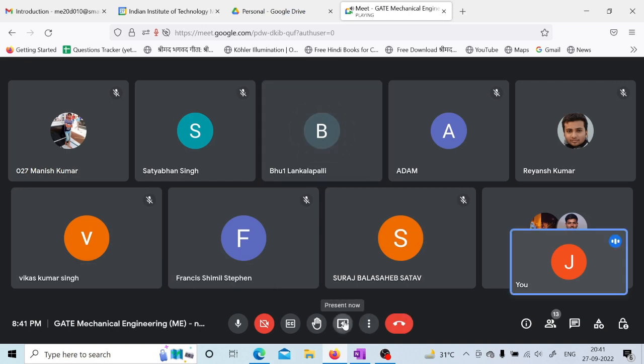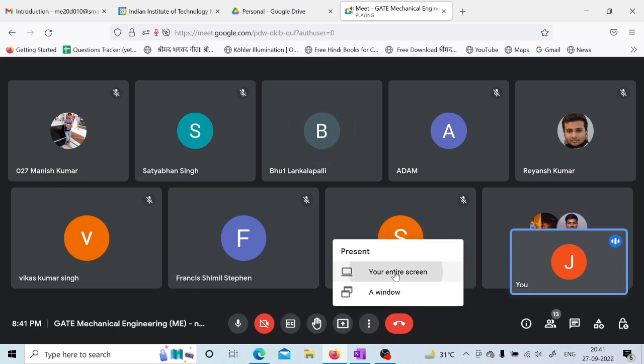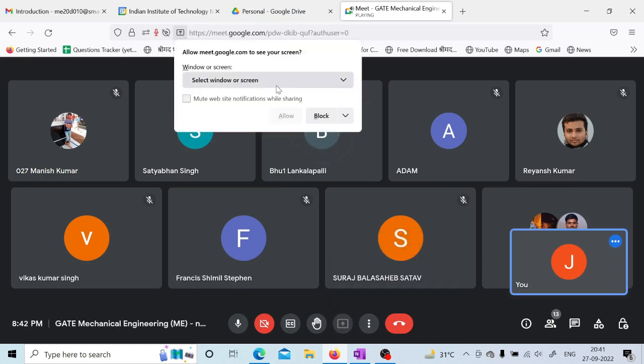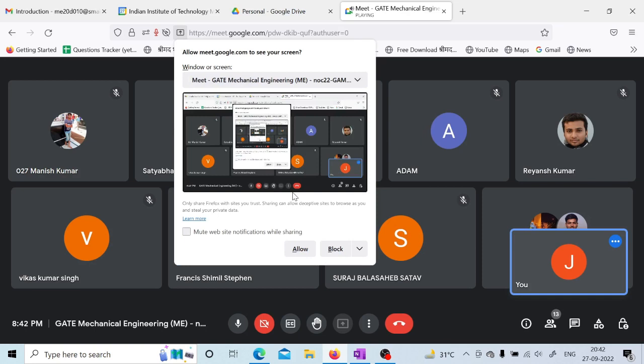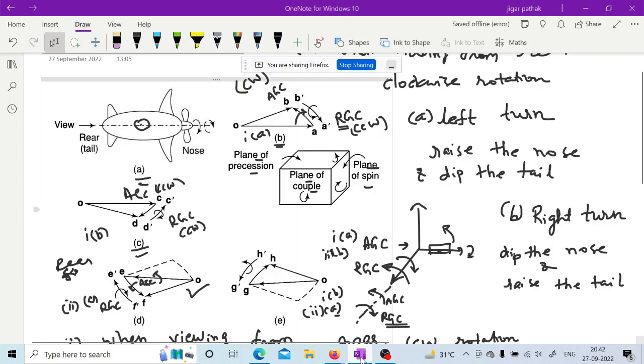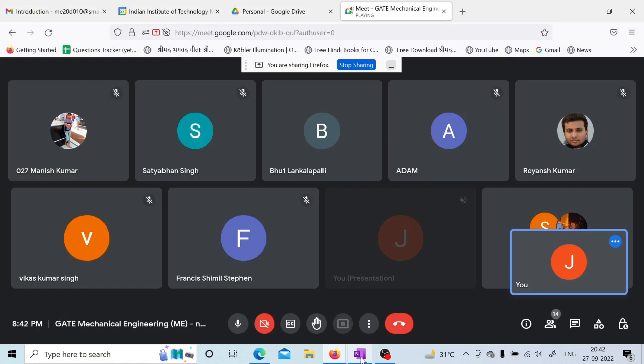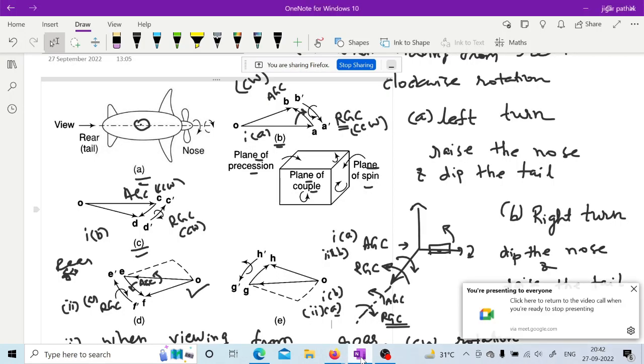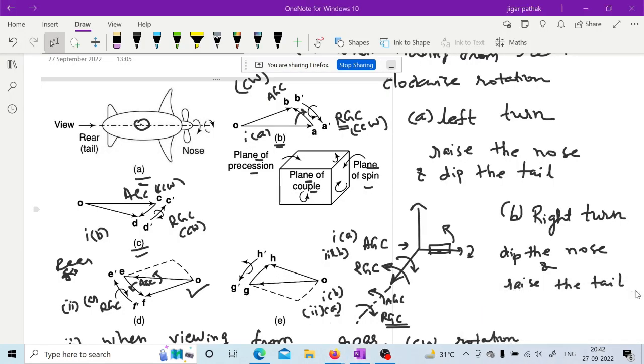So again I need to share. You understood? One second. Can you see my screen? Yes, sir. Can you see the screen now? Yes, sir, able to see.